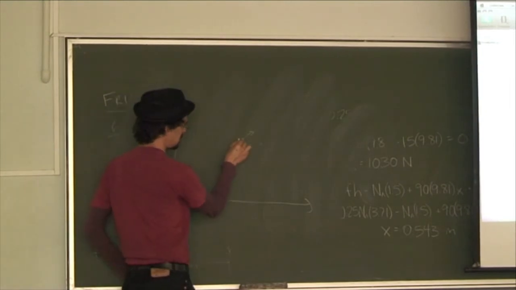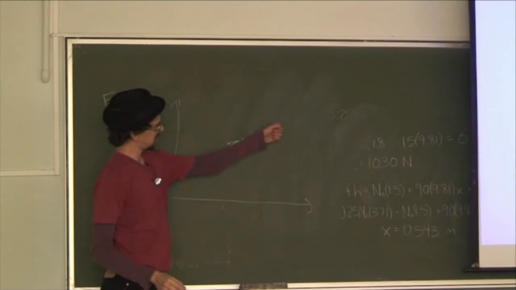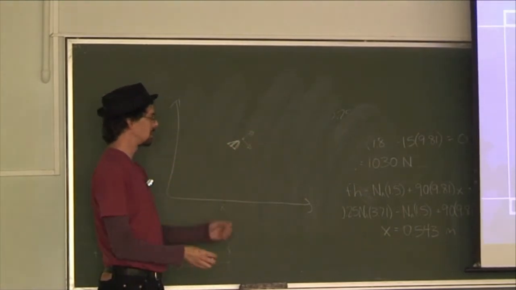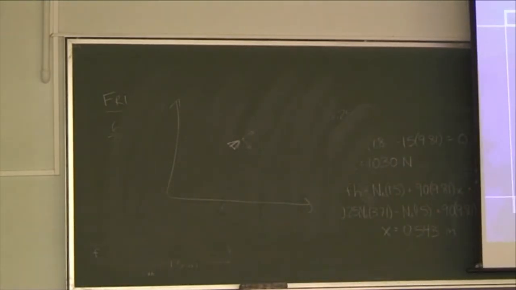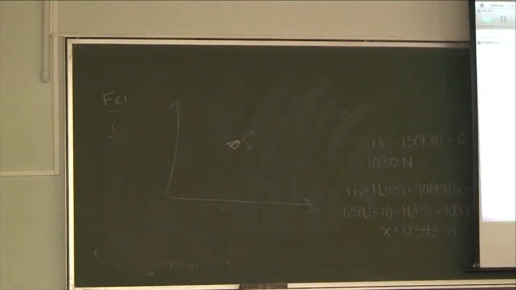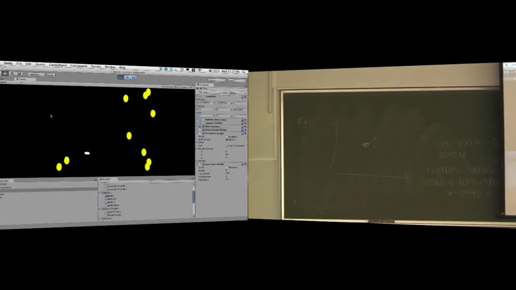So if our ship is pointing that way, our bullet's local coordinate space is that way, and the bullets are going to be moving. Which way did they move? Let's have a look. So we said the bullet was moving in the y direction, right?